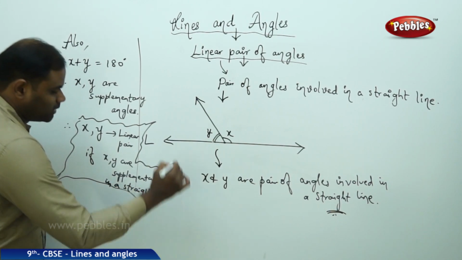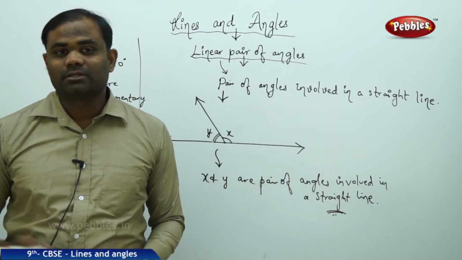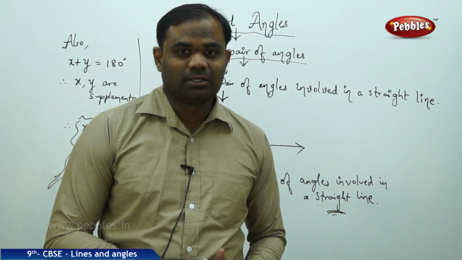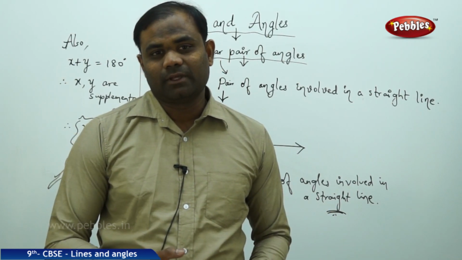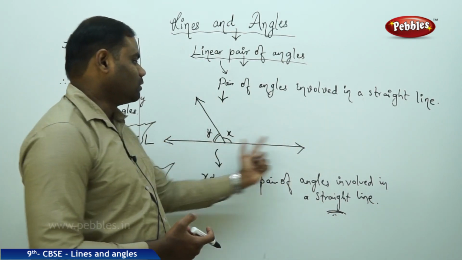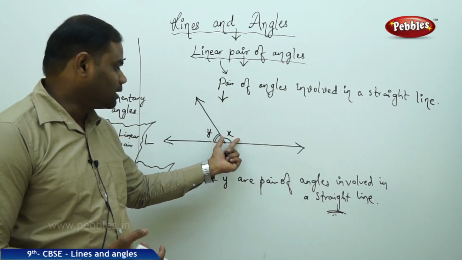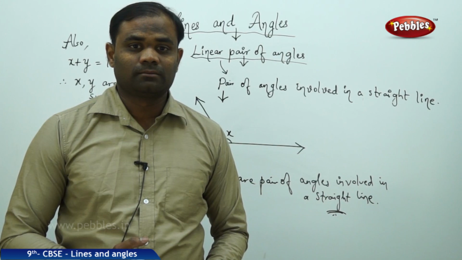They cannot be supplementary outside the straight line, but on a straight line they must be supplementary, and hence for linear pair they must be on a straight line. X and Y are linear pair of angles when they are involved in a straight line. Angle X and angle Y is how we understand.